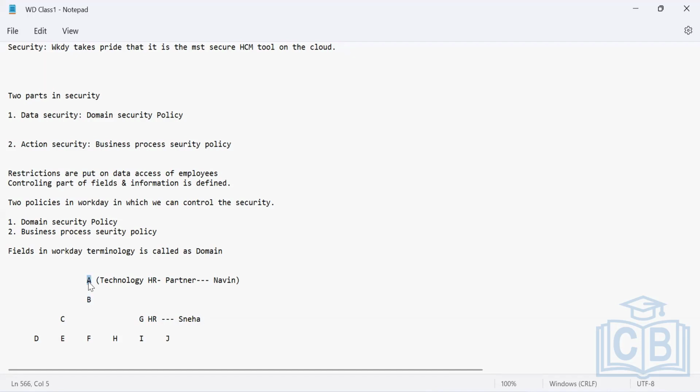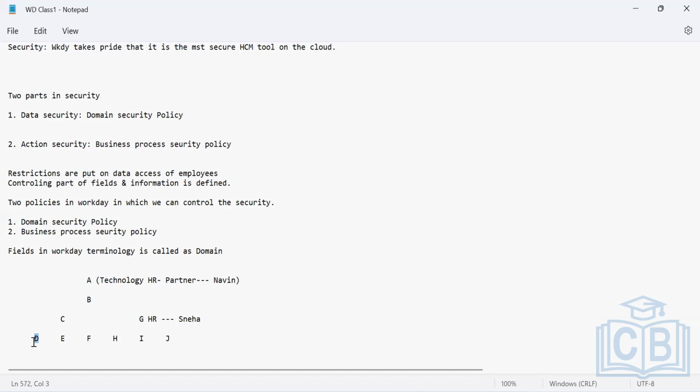Okay. Yeah. So D will have access to some information of their reportees. For example, D may be able to see the compensation details. D may be able to see the details of their employees, last experience, all those things. If they are filled in, they will be able to see. All those information will be seen by D. Similarly, that will be seen for E also, F also, H, I, J will also have the same access.